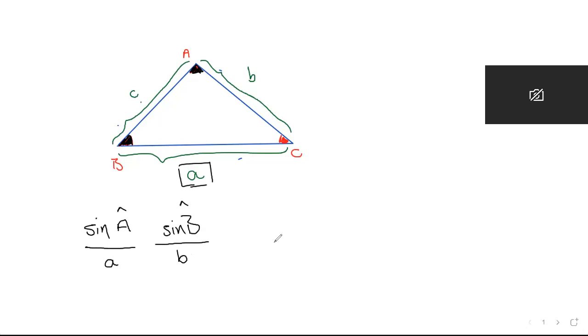And also the same thing for the one more angle left, which is C, sine C, facing the length c. That's a trigonometric ratio because for any angle, we can define those ratios to build a new identity for them.